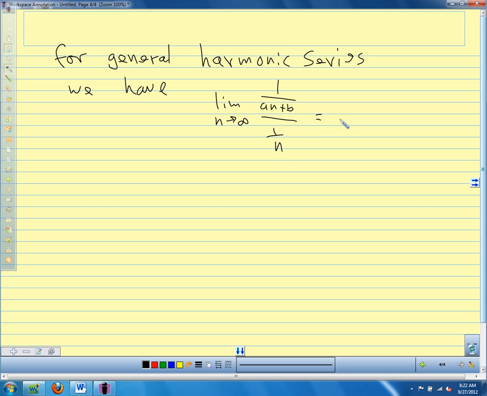If I rearrange that, I get the limit as n approaches infinity of n over an plus b. And what's that limit? 1 over a, which is greater than 0 and finite. So the series diverges by limit comparison.